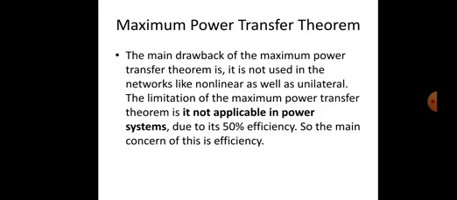Maximum power transfer theorem explains that to generate maximum external power through a finite internal resistance DC network, the resistance of the given load must be equal to the resistance of the available source.